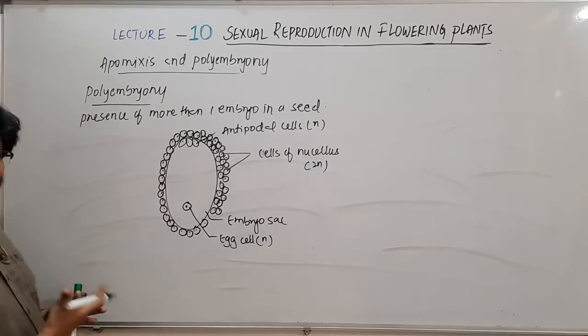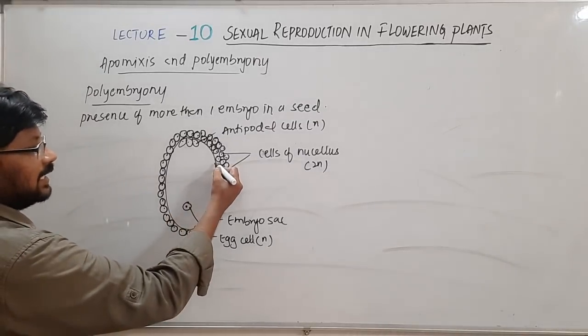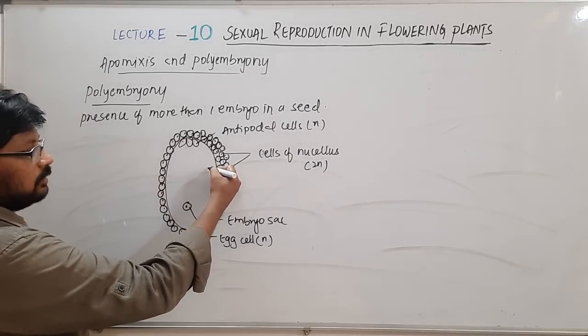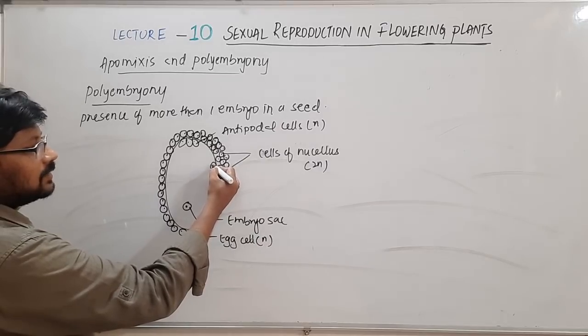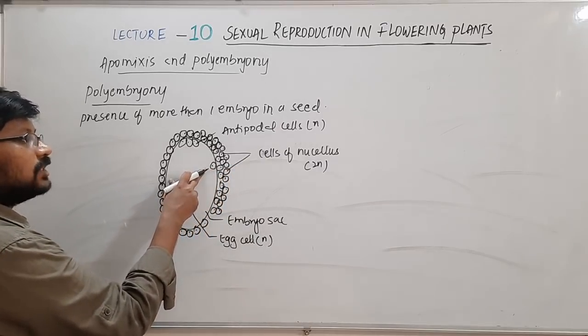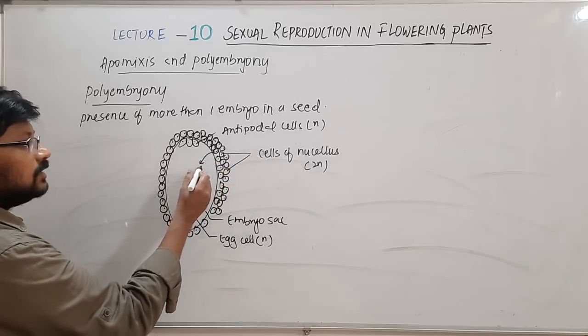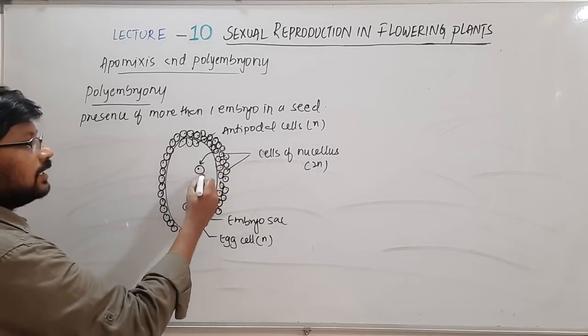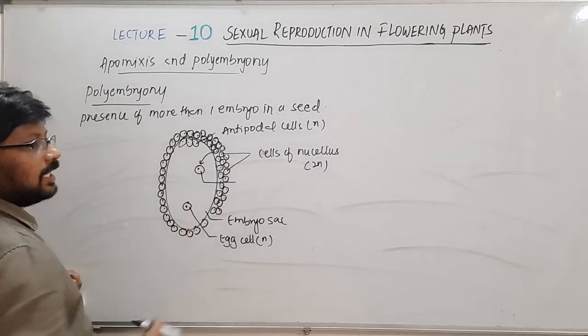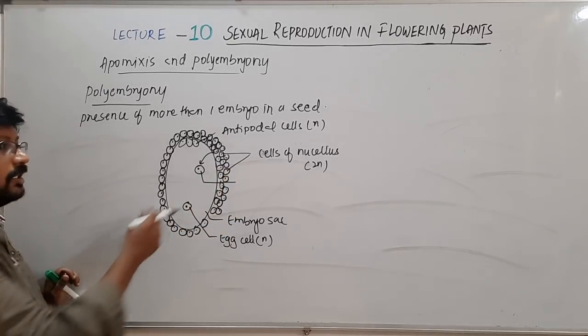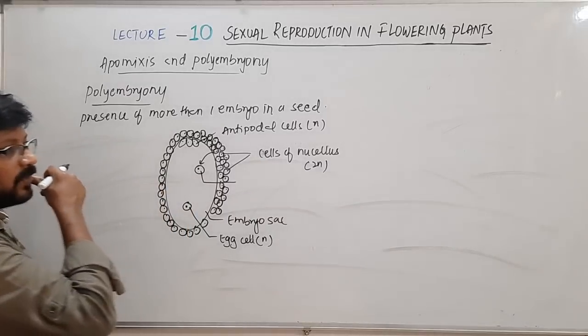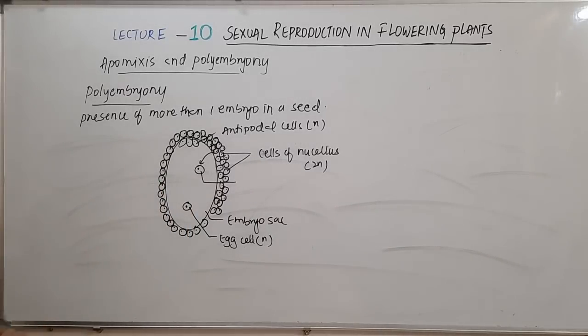These cells of the nucellus will divide, and as a result they protrude into the embryo sac. You can see that the cells have entered this embryo sac. This cell of the nucellus that entered the embryo sac will form into another embryo.